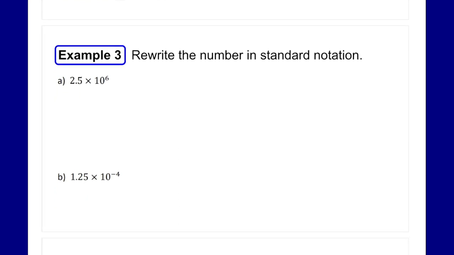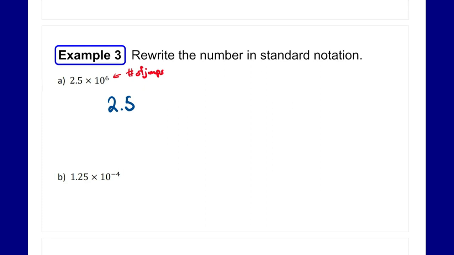If we want to rewrite the number in standard notation, if we want to see what that actual value works out to, we're kind of reversing the pattern. So we're going to start with 2.5. The 6, remember, the exponent tells me the number of jumps.